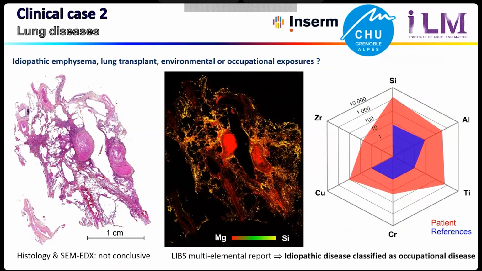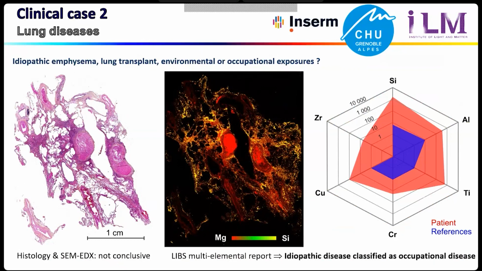This was a lady of 60 years old who got a lung transplantation because she was suffering from very strong emphysema. She was a patient of Vincent Bonneterre, professor at the CHU of Grenoble.